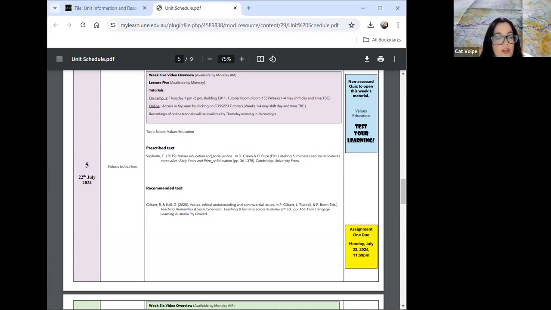I've had quite a few students asking me about being able to access the textbook in the reading list. It is listed in the reading list, but it is not accessible in the reading list. I have tried to contact the publisher to have digital access, but unfortunately that's not something that they offer. I have told them that it is something that students would appreciate having, so they're going to look into it, but I'm not sure when that's going to happen.